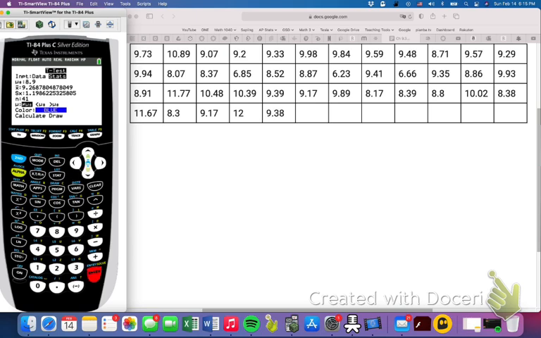The sample mean we calculated to be 9.27, okay, which we found, and the standard deviation is 1.056. 0.199, right? And yep, the n sample size is 41, and we calculate.